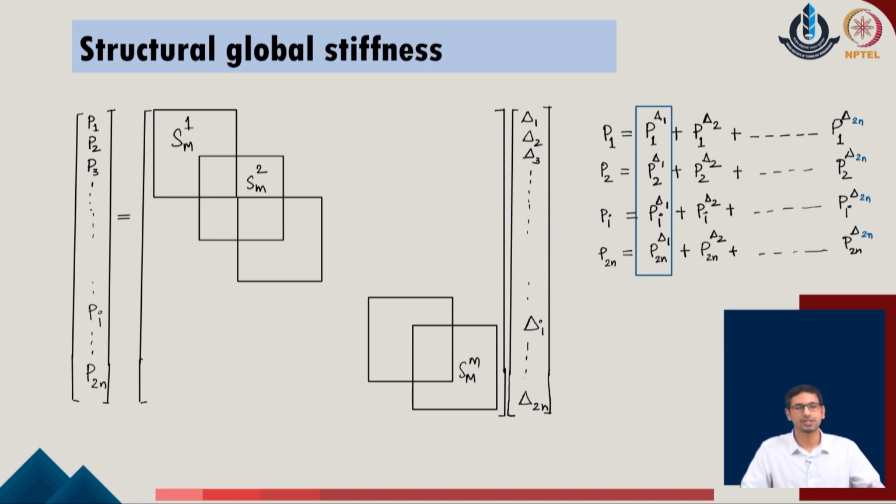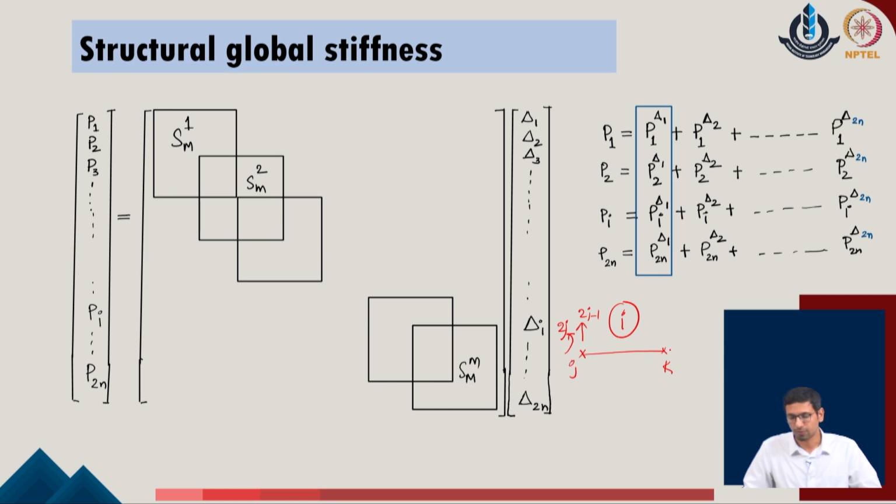To generalize these concepts, we can simply say that in a given system having 2n degrees of freedom, any ith member which is identified with the 2 ends, say j and k, corresponding to the nomenclature which we have already used, will locate 2 degrees of freedom at each end. So, this is the degree of freedom 2j minus 1 and this is the degree of freedom 2j.